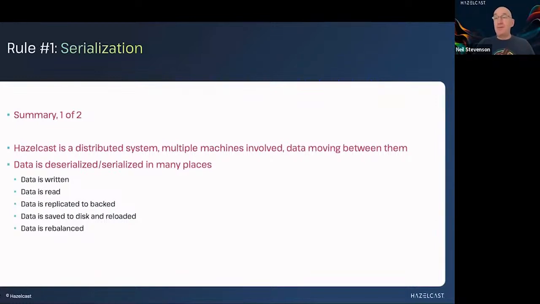If it's 10 times bigger, you're going to need 10 times more machines, and machines aren't free. So that's why we really want to stress rule number one is the most important, because of performance and money. So there's our summary. The data moves all over the place, because you're pushing it in and out of the system, because it doesn't generally have a lot of value just sitting there idle.